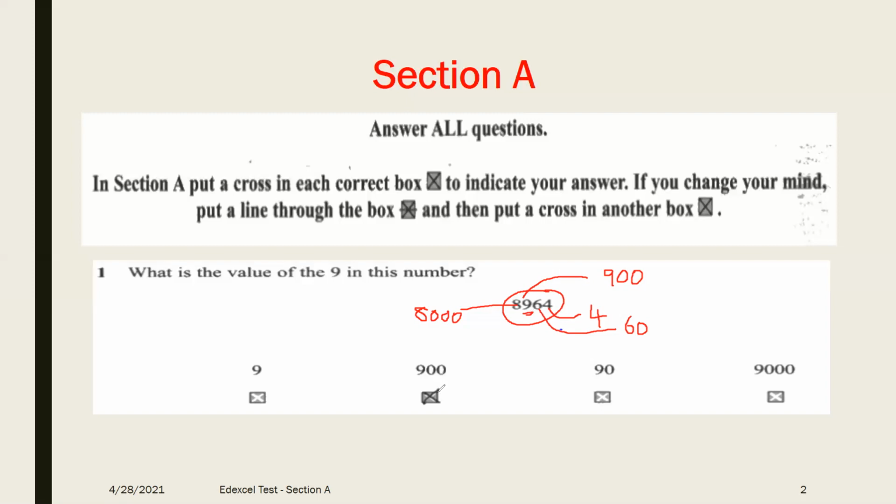So I have selected this answer, and you have to put a cross. So the correct answer is 900. That was the first question. Let's move to the second question.